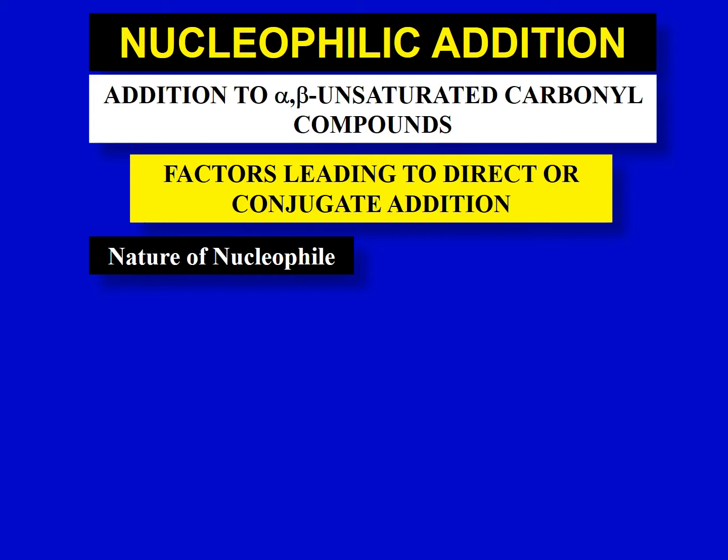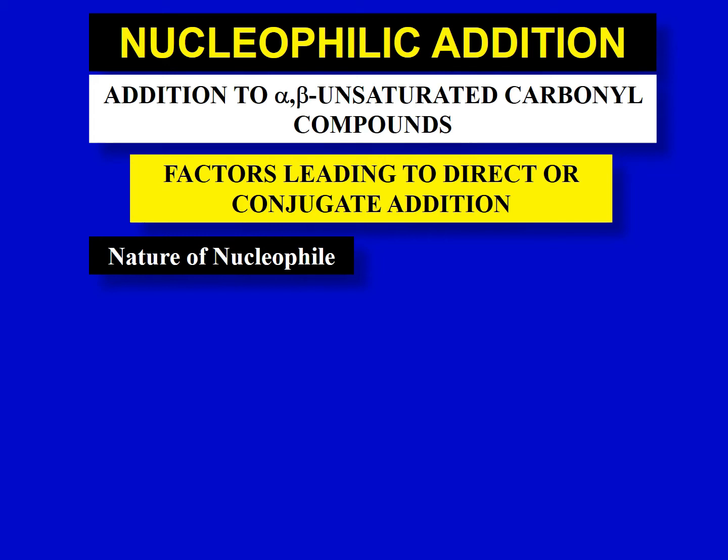The nature of the nucleophile can also affect the overall fate of the reaction, whether it will follow direct addition or conjugate addition. So in this video lecture, we will talk about the effect of the nature of the nucleophile on the fate of the addition reactions on alpha beta unsaturated molecules.